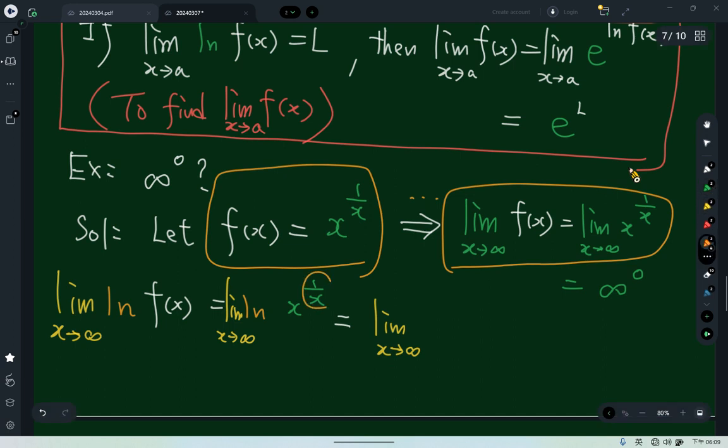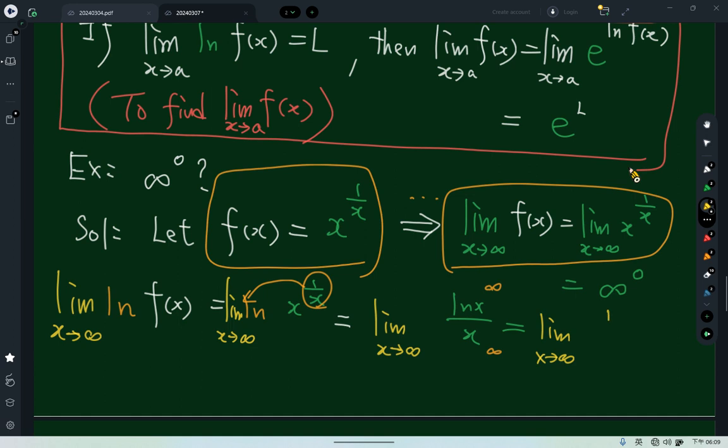I can move the exponent to become the coefficient, so it becomes the limit of ln x over x. You can see we encounter infinity over infinity. So we can differentiate the numerator and denominator: differentiate ln x and x, giving 1 over x over 1. So finally the result is 0.